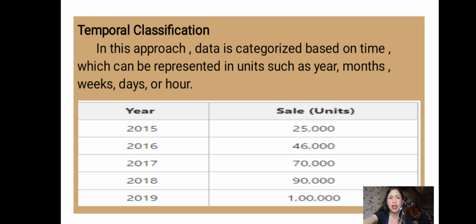So as you can see, the example here is year, and every year has sale units. In the year 2015, the sale units are 25,000, in 2016 it is 46,000, in 2017 it is 70,000, 2018 is 90,000, and 2019 is 100,000.